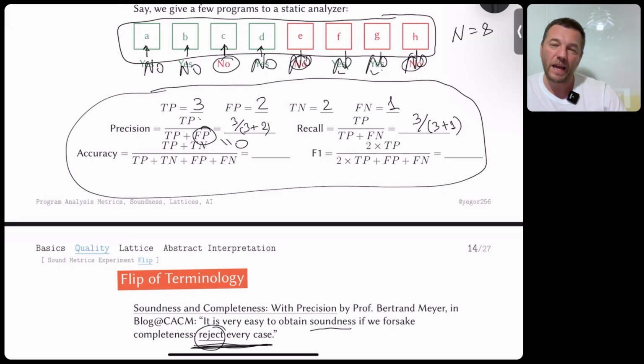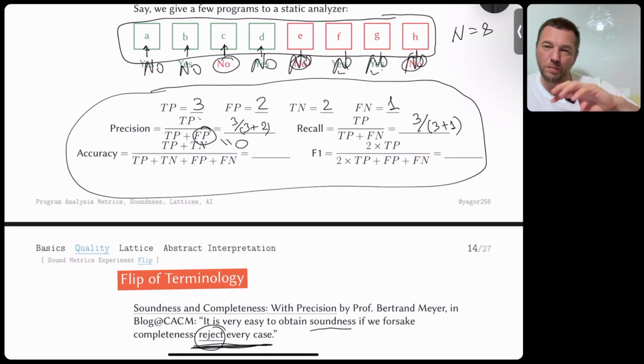But if you treat the answer from the analyzer, if the bug is found, as a negative answer, like some people do, you may find that in literature, you may find it on the internet, and people say that when the analyzer finds a bug, it's a negative answer. So in this case, everything will be flipped upside down.